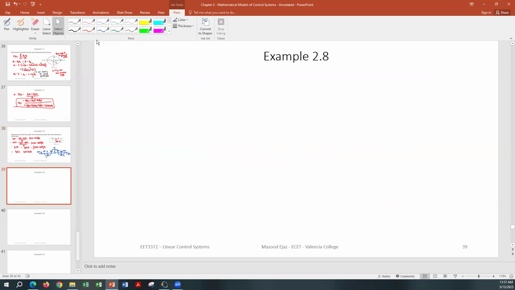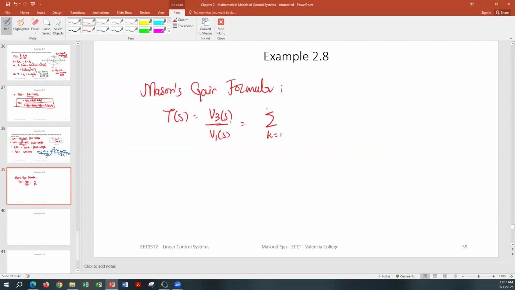So using Mason's gain formula, the transfer function, which is going to be V3(s) over V1(s), is given by the sum over k, and since there is only one forward path, it's just going to be P_k delta_k over delta. So P1 is the gain of the forward path.